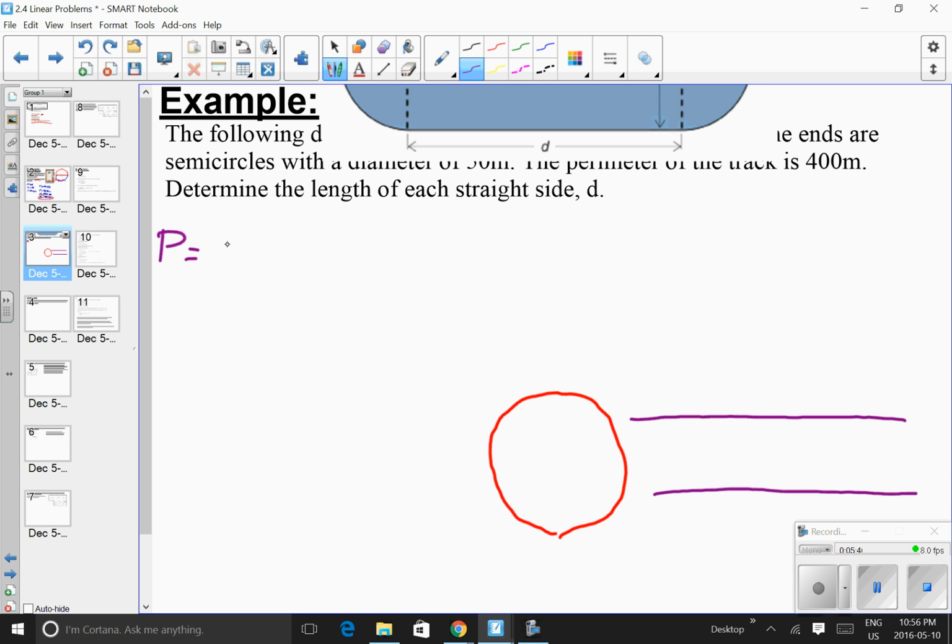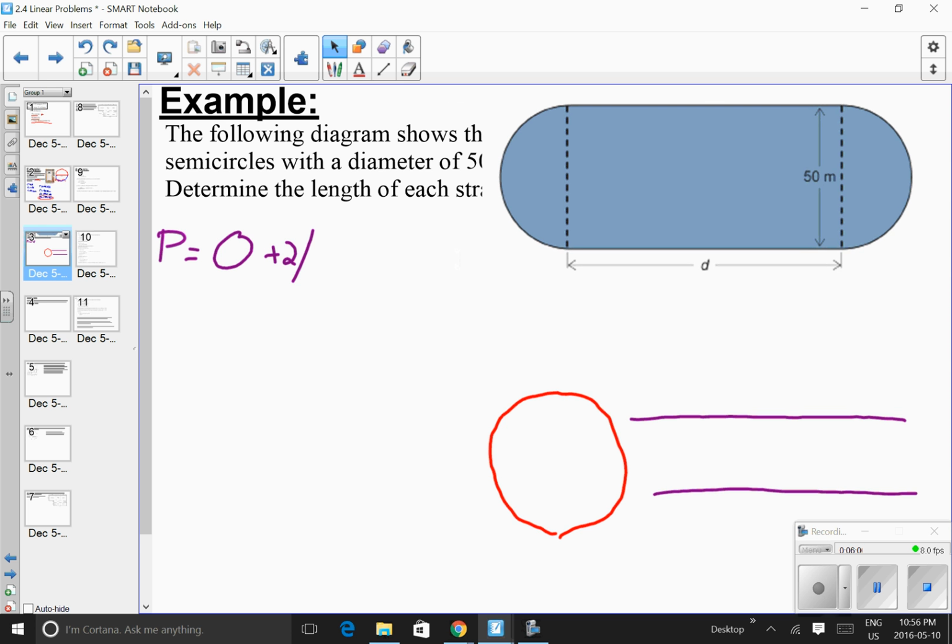So my perimeter equals a circle plus two lines. So let's just use this as our formula.